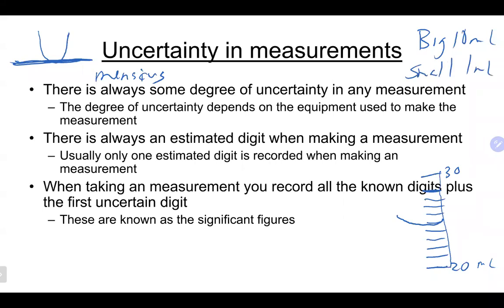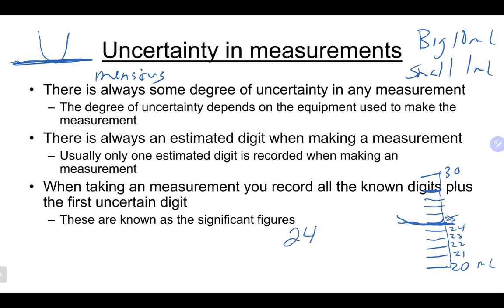So if we were to look at my meniscus here, we should at least be 21, right? 22, 23, 24, and 25, I believe, is above it. So it's not exactly 25, it's not exactly 24, but everybody should agree at least is 24.